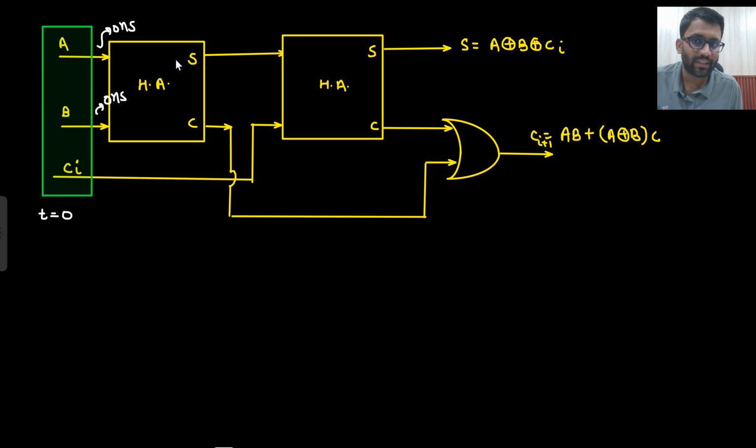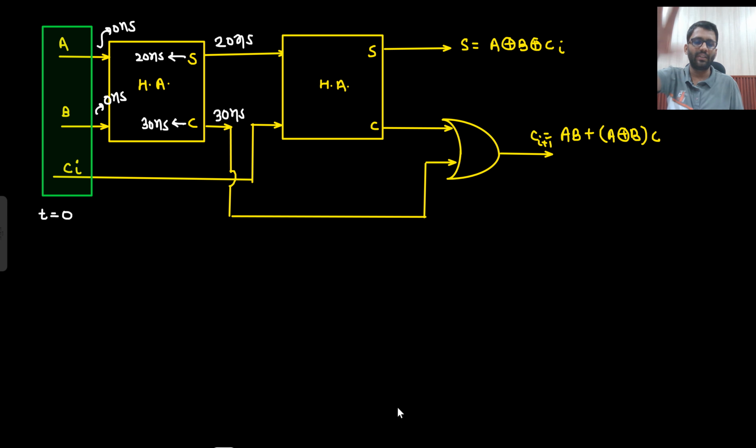Now to produce the sum, how much time will it take? 20 nanosecond. Inputs were stable at t equals to 0 nanosecond, and from here to go here it will take 20 nanosecond. So this you will receive at 20 nanosecond. And this you will receive after 30 nanosecond, because to produce carry it will take 30 nanosecond. Till now the things are clear.